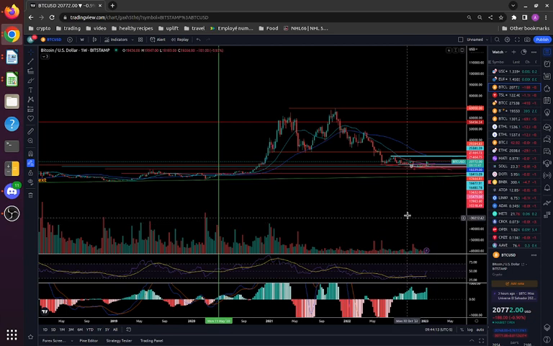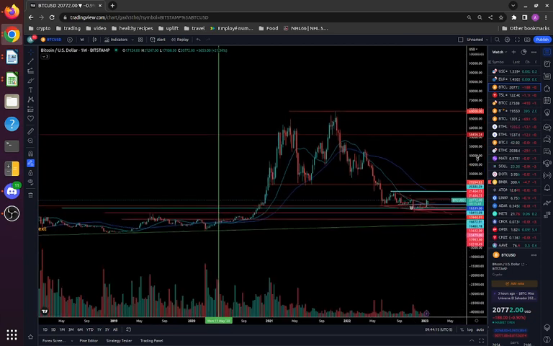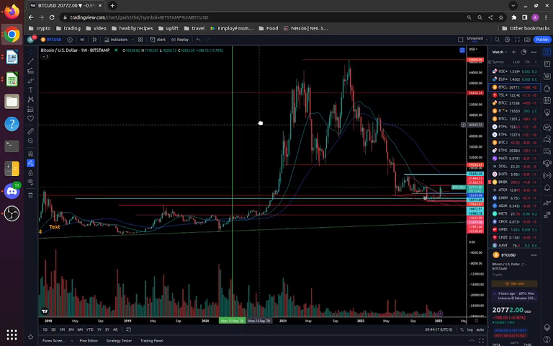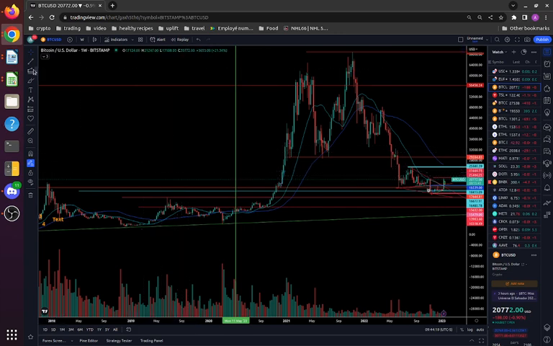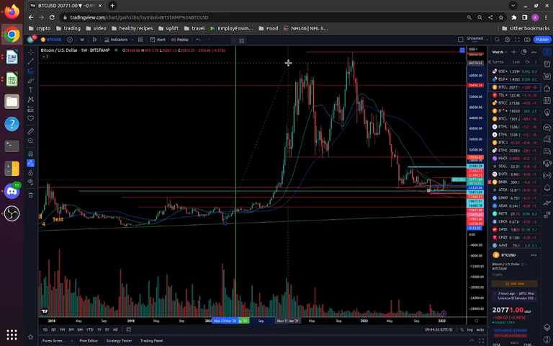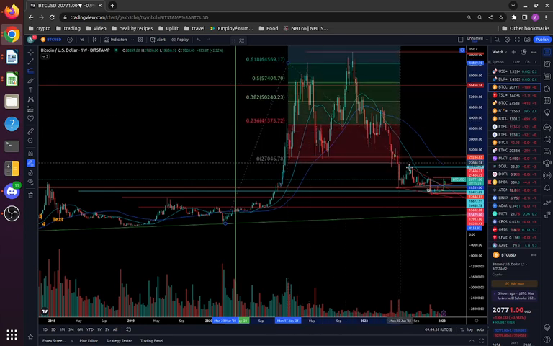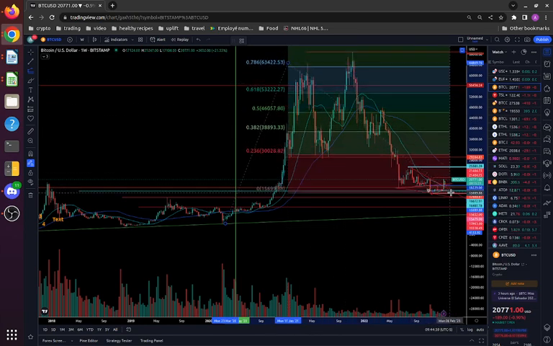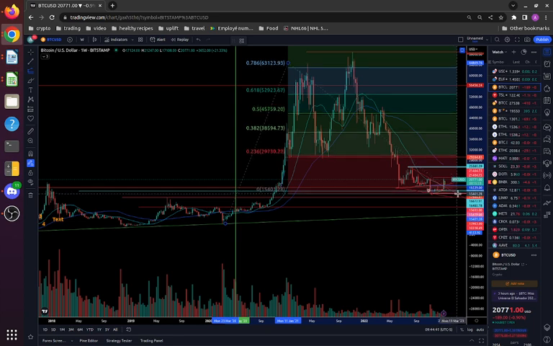So let me zoom in a little bit. I'm going to take the extensions. We said that no, we are starting a new 1, and then this is a B C correction. So I'm going to start from the beginning of the wave 1 to the end of the wave 1, and this was up to now.